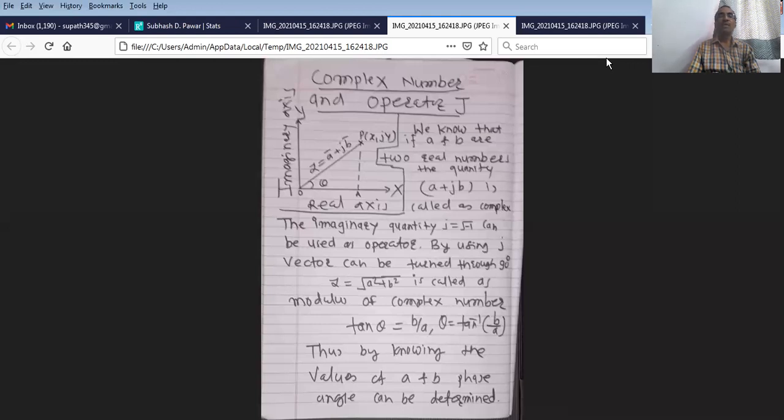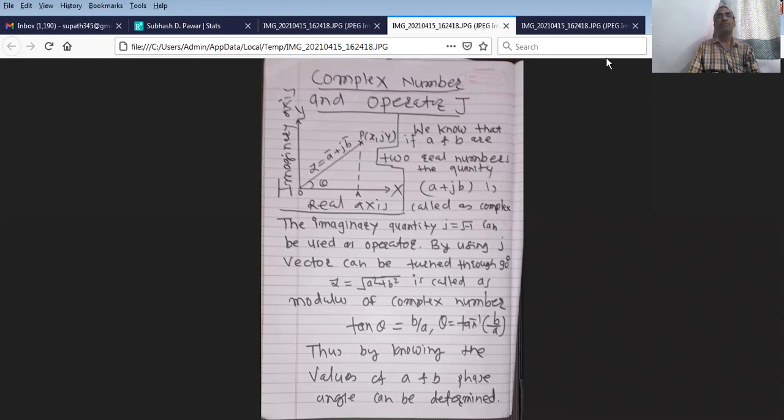So the resistance quantity is real. These real quantities are plotted along the x-axis. And in the case of real quantities, there is no use of operator J. Do you understand?